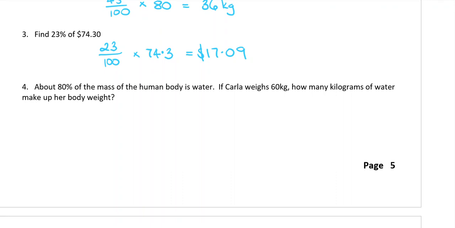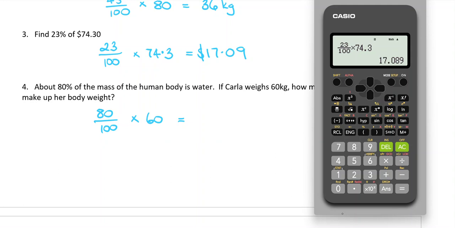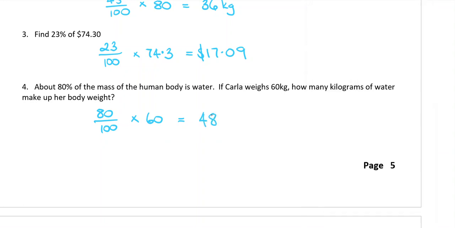The percentage goes over 100. And I times that by her weight, which is 60. And that will tell me how much of her is water. So 48 kilograms of her is water.